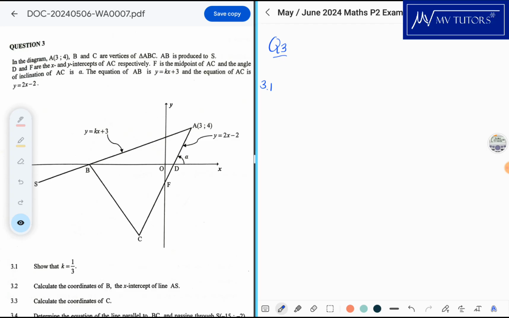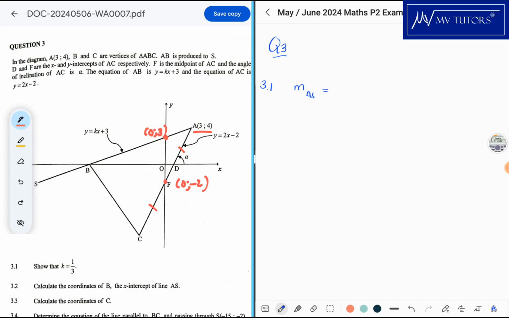Now for 3.1, it says show that k is 1/3. So what we can do, we're basically getting the gradient of line AB or line AS. Okay, I'm just going to say AS. And what do we know? We have A, which is (3, 4). And we know what the y-intercept is. It's 3 because the equation tells us so.